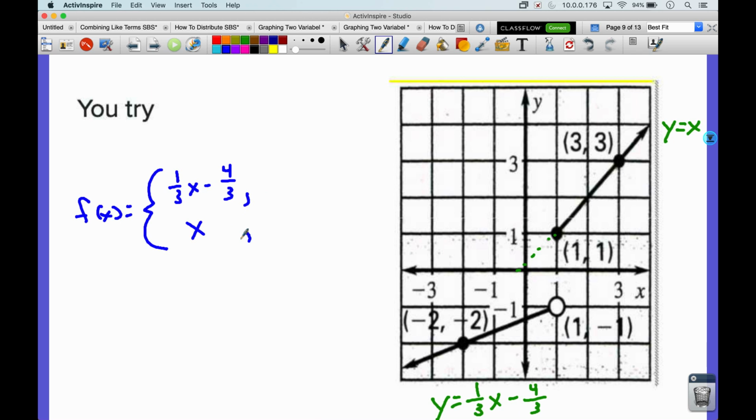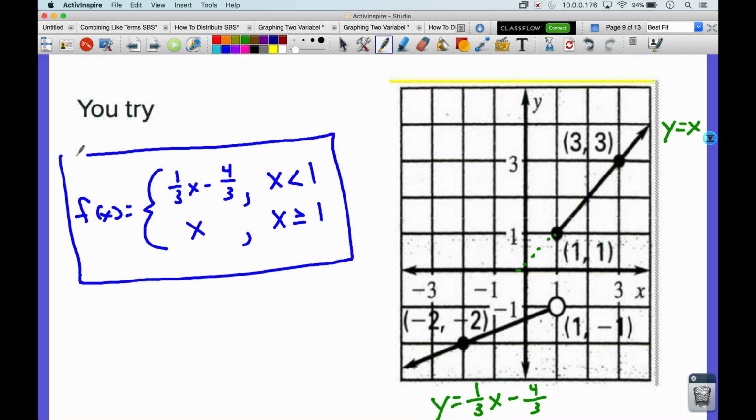Once I drop that y, this first piece is valid for all x values less than 1, and then the second piece takes over when x is greater than or equal to 1. Notice where the closed dot is. And that's it. You don't close those curly brackets, they just stay open.